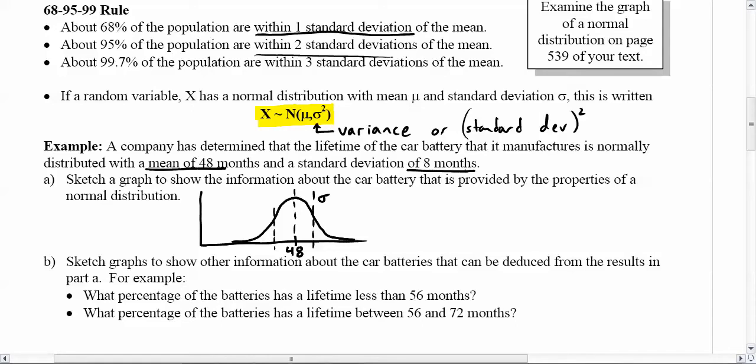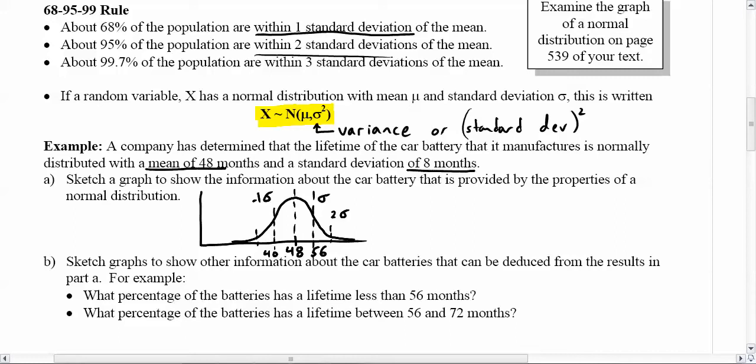So after 8 months, 56 months, I've got about 68% of the data within those 2 bars representing 1 sigma away from the mean. And 8 months lower would be 40. So between 40 and 56, I've got about 68% of the data. If I go over 2 sigmas, it's about here. That would be another 8 months.